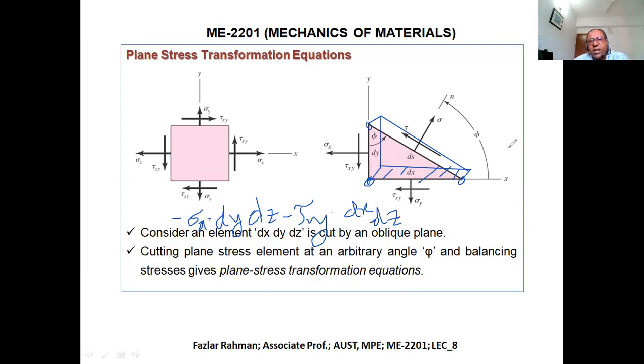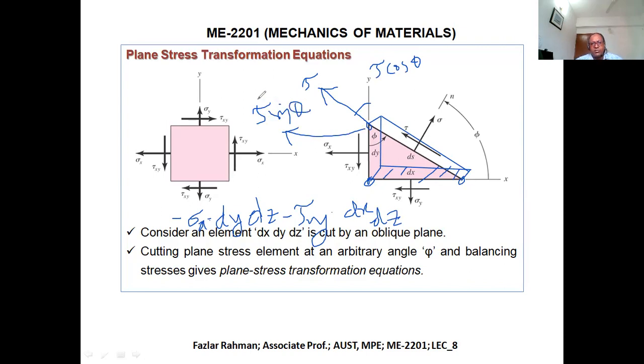Similarly, how can we figure out this tau working along this direction? So this is phi, this is phi. So along the x-axis, this is tau, right? So along the y-axis, tau cos theta is working, and along this direction, tau sine theta is working.